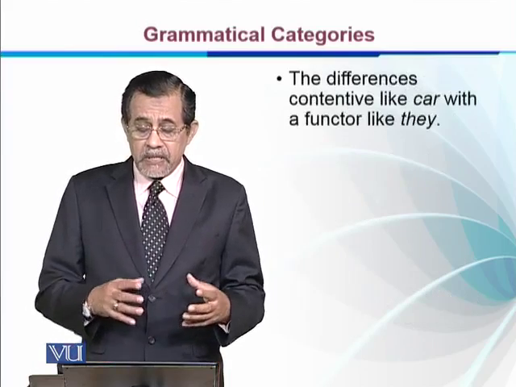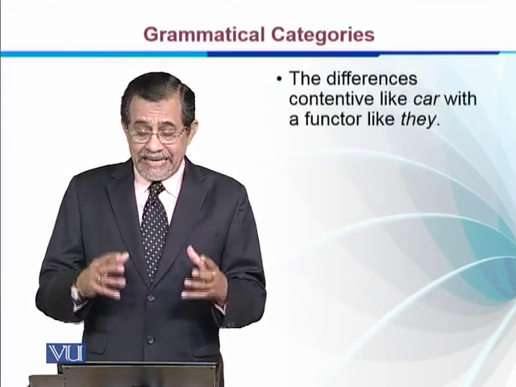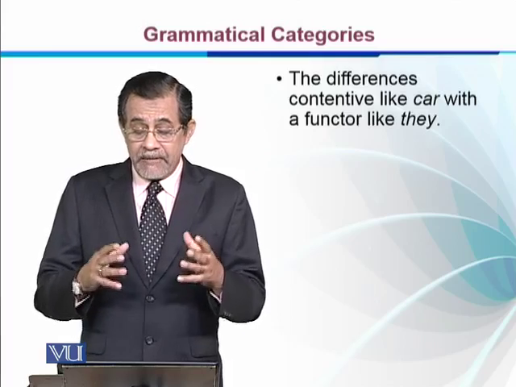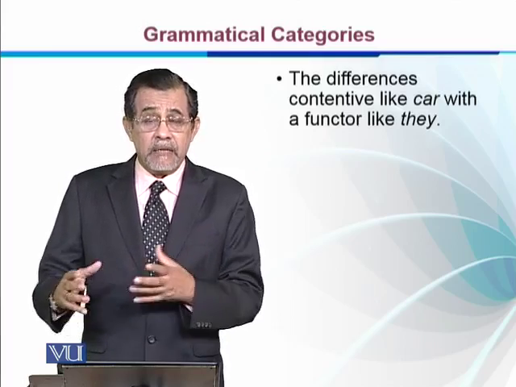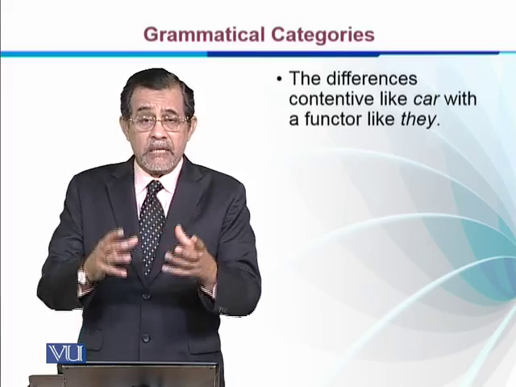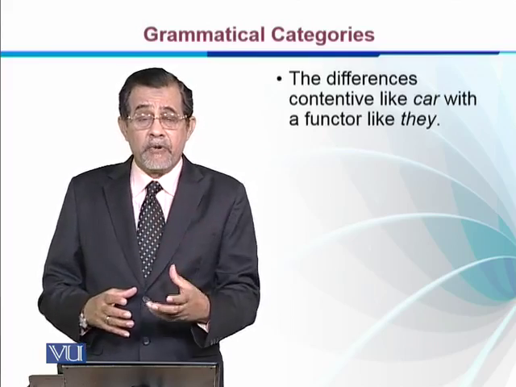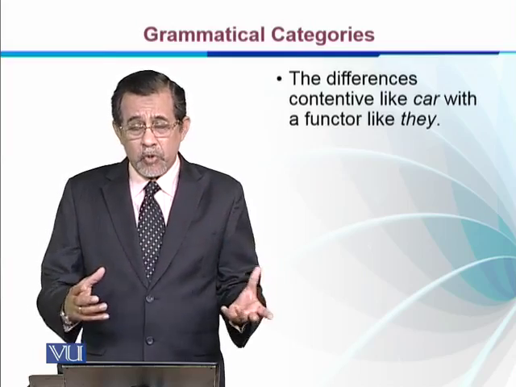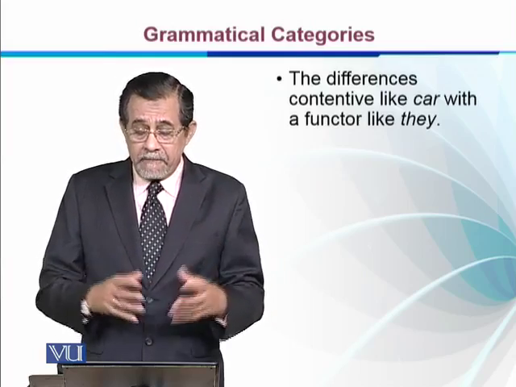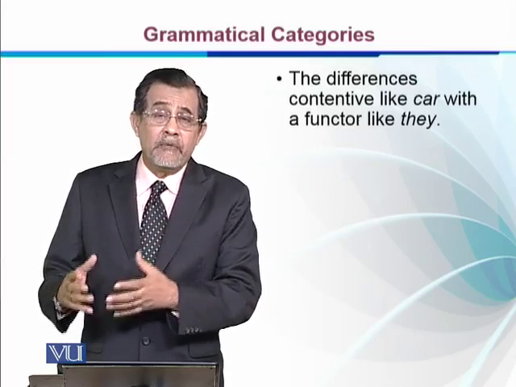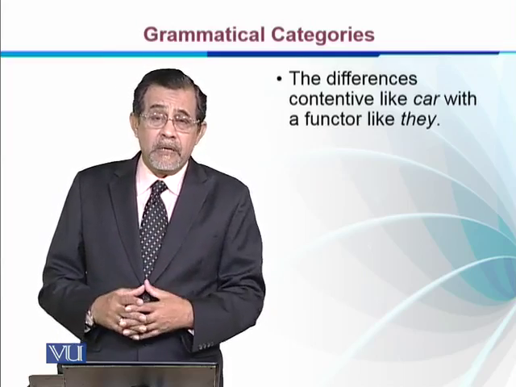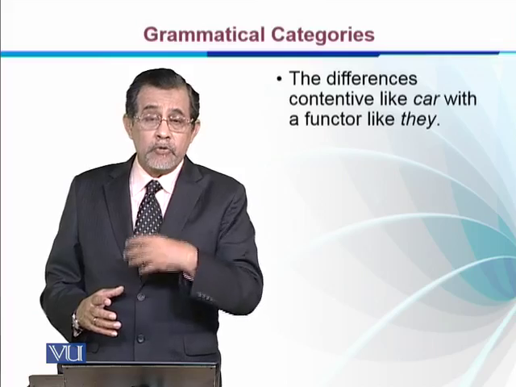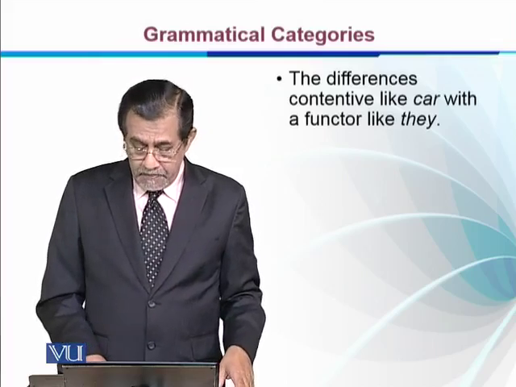What is the difference? A contentive, like car, can be described. We know that it is a type of vehicle which has tires, an engine, doors, etc. And a functor, like they, which is a pronoun. However, we cannot describe a pronoun.